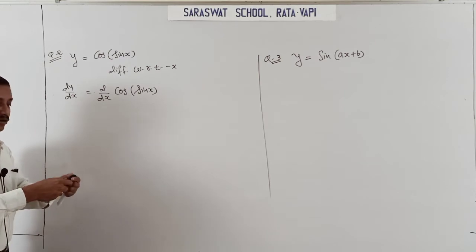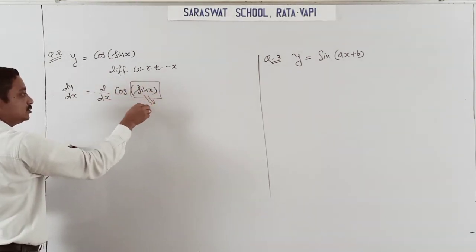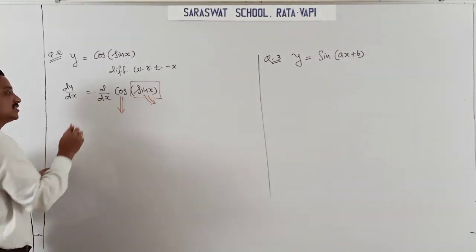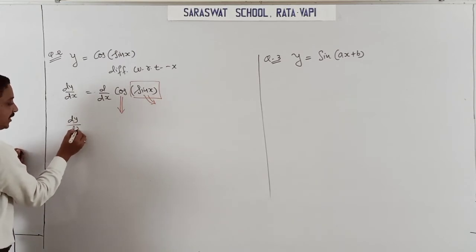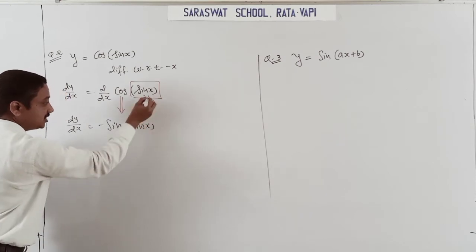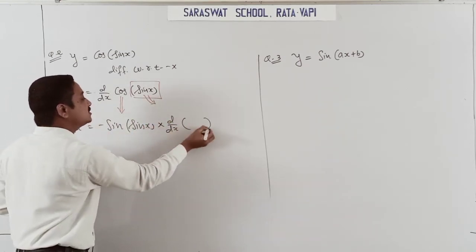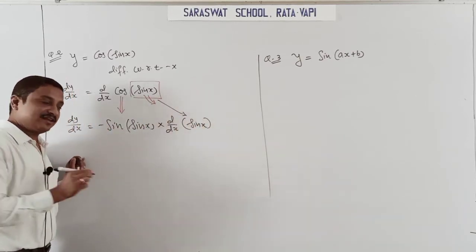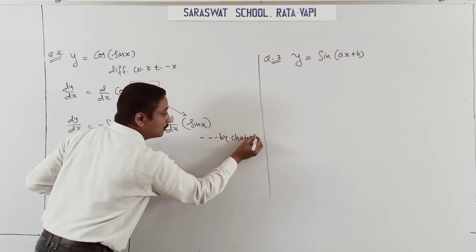Students, one more time keep in mind, this is the theta, consider it, and first of all just say the cos derivative. How much is the cos derivative? Minus sin theta is the same, and d dx of what is the remaining? Yes, remaining sin, by chain rule.